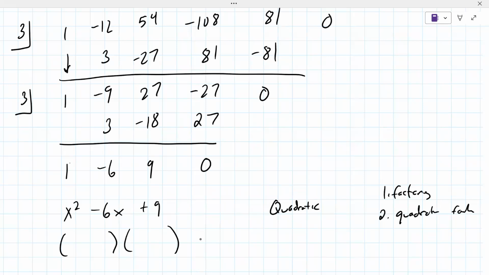X -3, and then X +3. So the 3 and -3 do not multiply to positive 9. They have to multiply to positive 9 and add to -6.